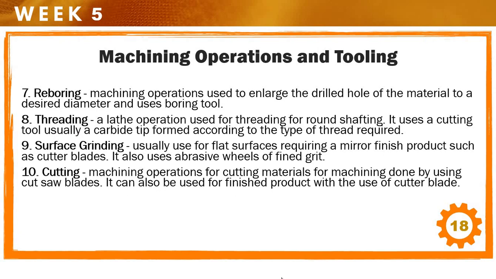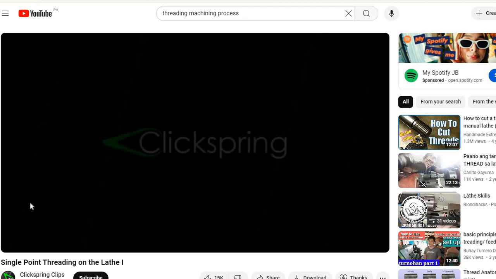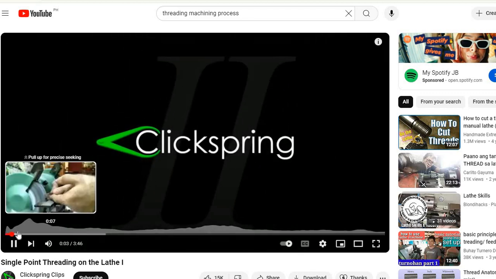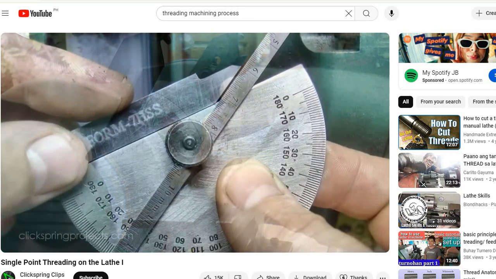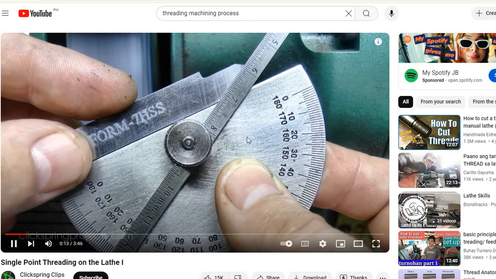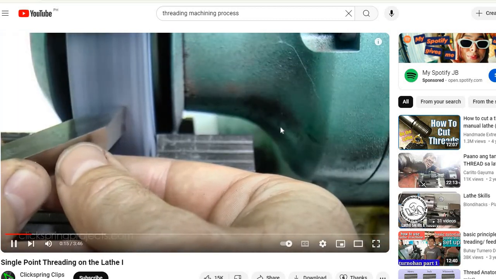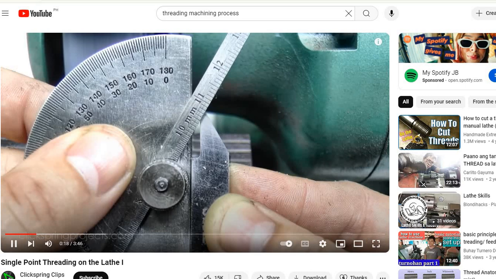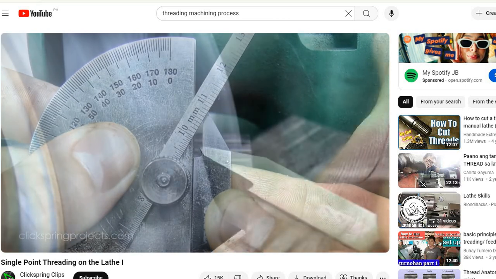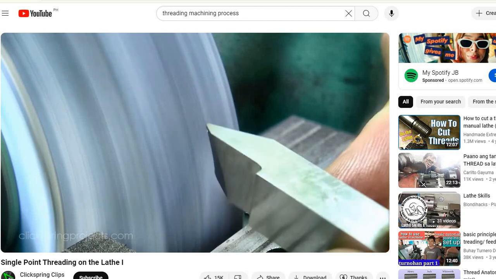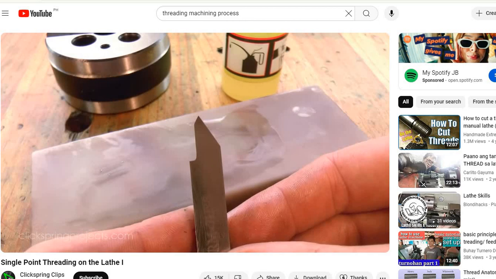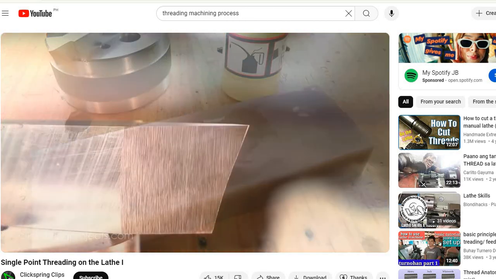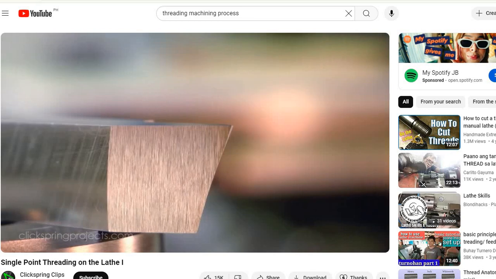So next we have the threading. Let's watch what is threading. What you are watching here is that the tool is being adjusted to the dimension that is desired to impart to the workpiece.